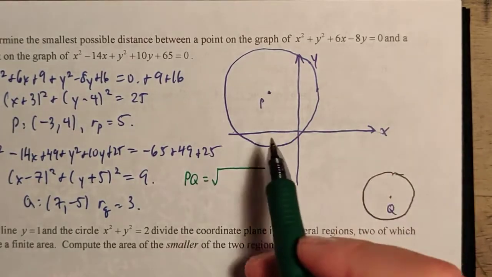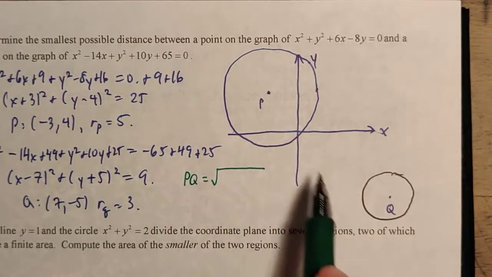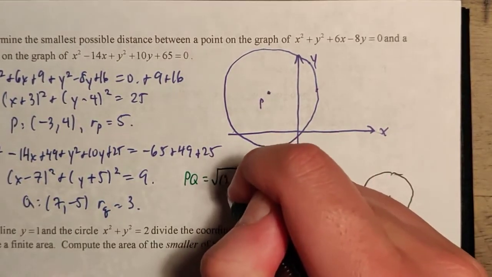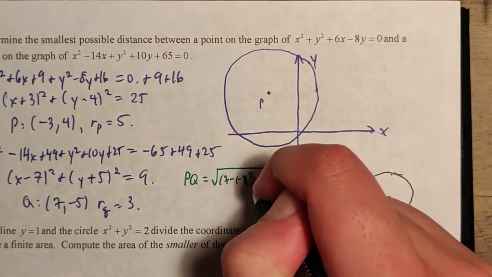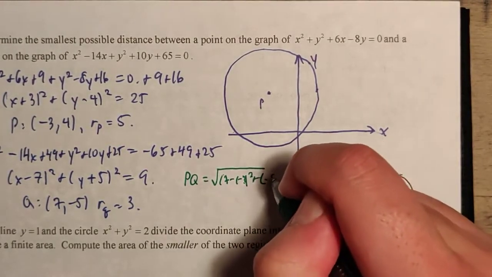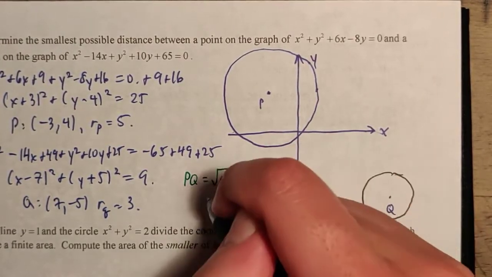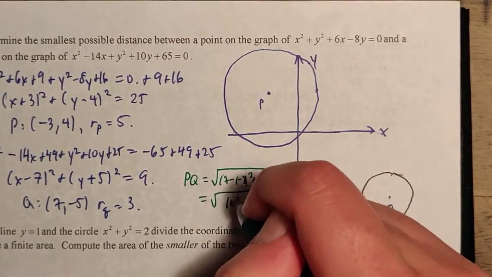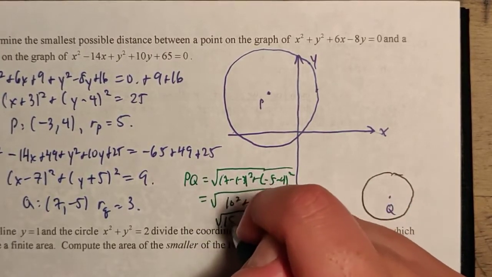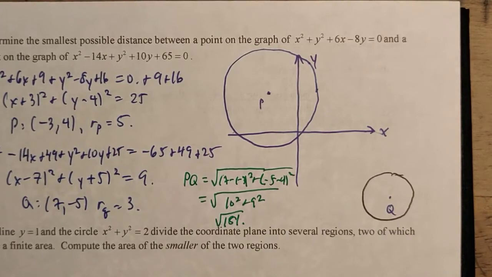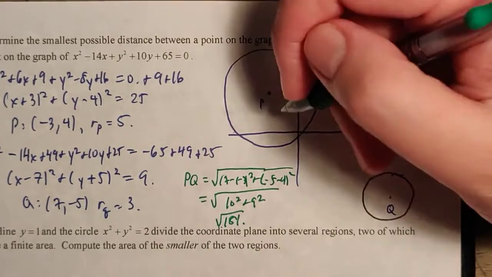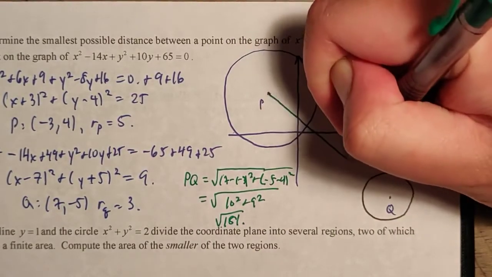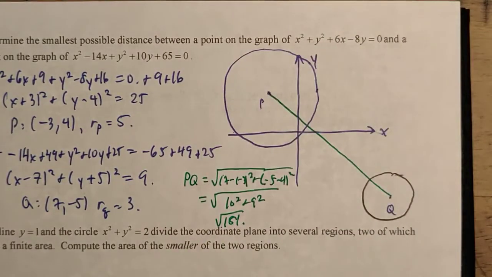This is going to be 7 minus negative 3 all squared plus negative 5 minus 4 all squared, which is the square root of 10 squared plus 9 squared, which I believe is radical 181. That means the distance from P to Q is root 181.